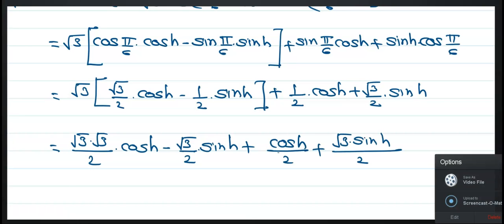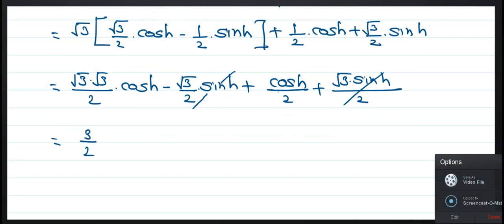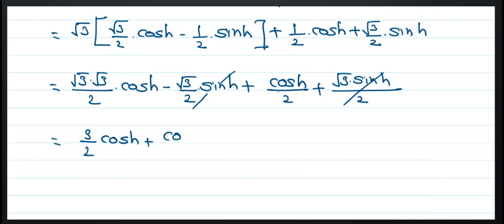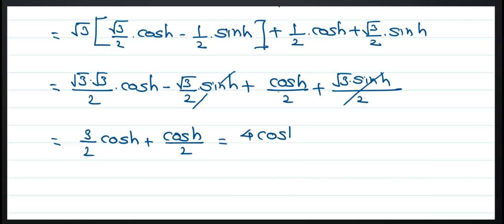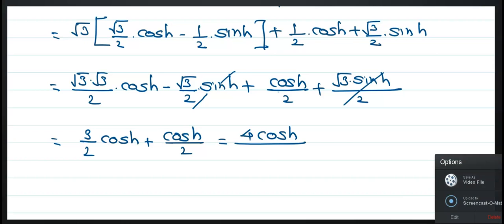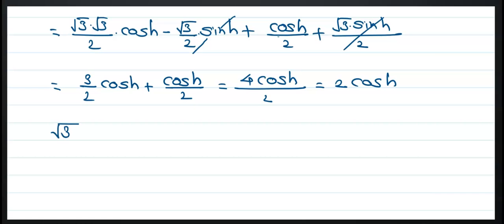These are 3 terms. The root 3 upon 2 sin h terms get cancelled. 3 upon 2 cos h and cos h upon 2 give 4 cos h upon 2, that is 2 cos h. Therefore the value is 2 cos h.